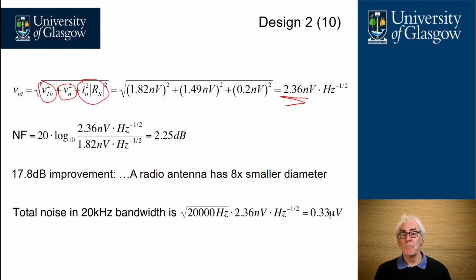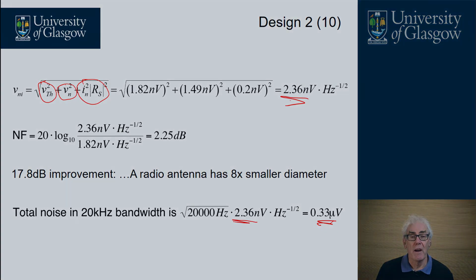So if we take the square root of 20 kilohertz, which is approximately 141, then we work out that our noise spectral density of 2.36 nanovolts per root hertz corresponds to a broadband noise of about 0.33 microvolts RMS appearing as an input referred noise to the amplifier.